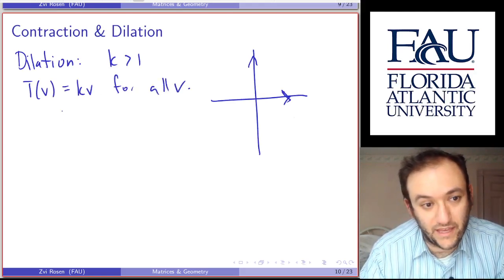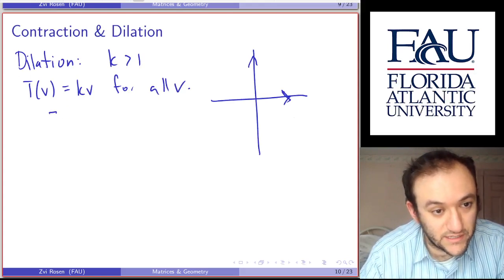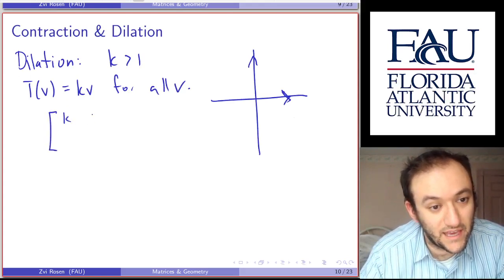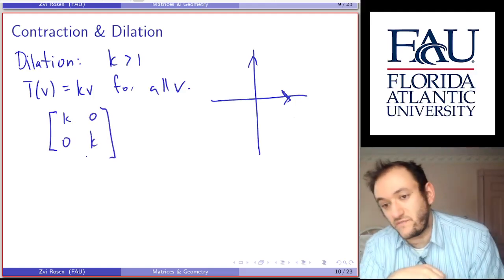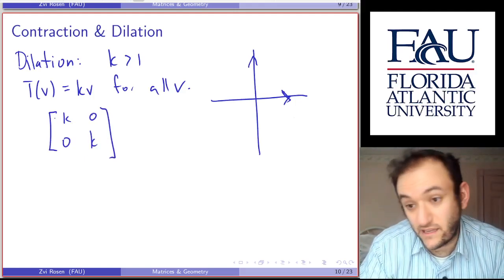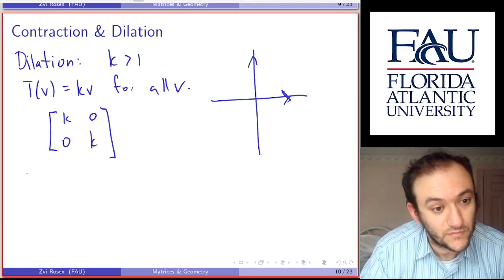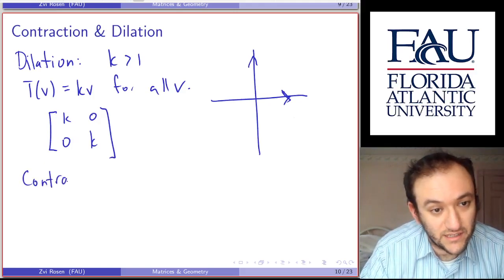Okay, and plainly the matrix that would give you is k, 0, 0, k. Because same idea, you look at the basis vectors, and it scales both of them by k. As for contraction, this is the same thing, but just with k less than 1.